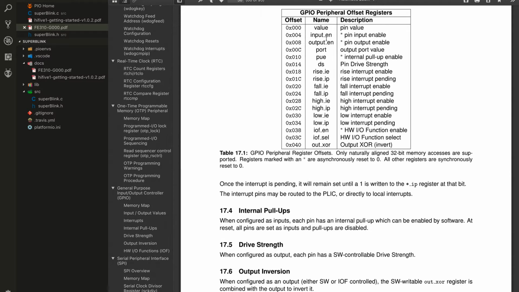And as I mentioned, we're going to use our output enable. So this is the equivalent of a pin mode output setup. And then we're going to write all of our values to the output port. So this one here, that's how we're going to turn the LED on and off, when we actually write a value to this port. That's where it's going to go through.